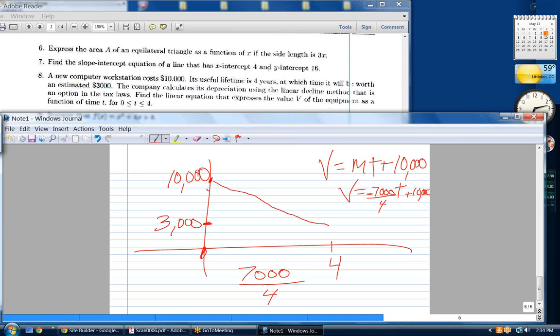When t is equal to 4, t is in years, the 4's cancel, and you have minus 7,000 plus 10,000. V is equal to 3,000 when t is equal to 4. So we've got the equation right. And the biggest thing to check on this is to make sure you get the sign on this slope right.